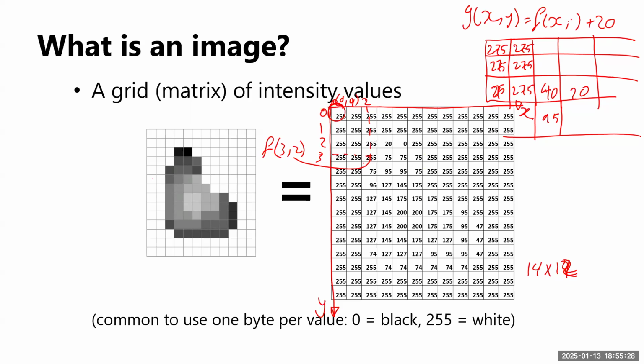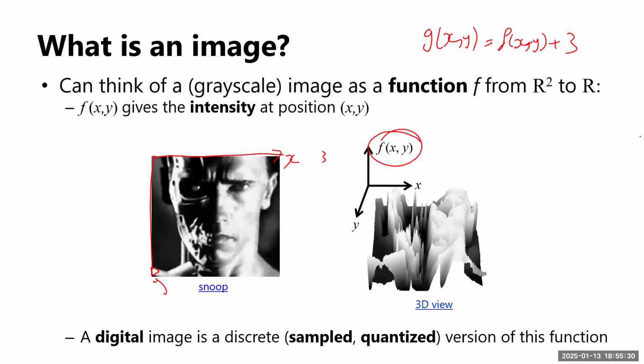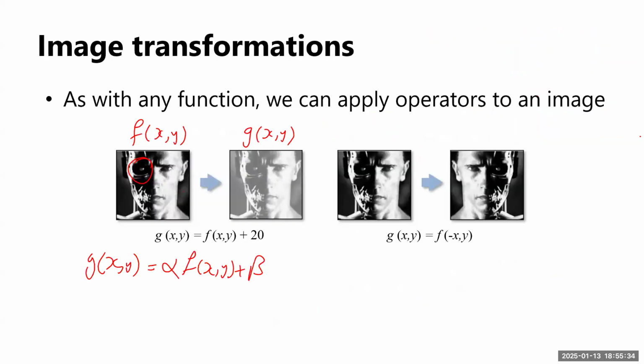That's why the concept of the alpha beta adjustment can be good if the image is all dark or all light.